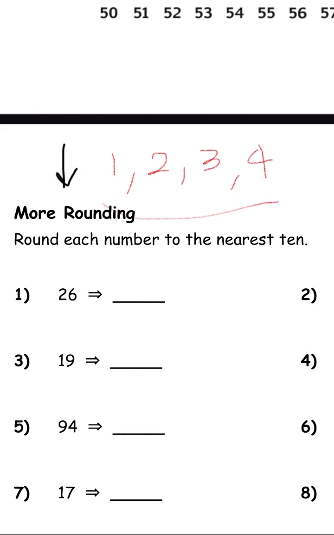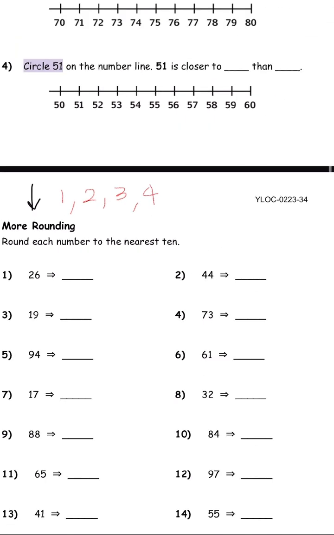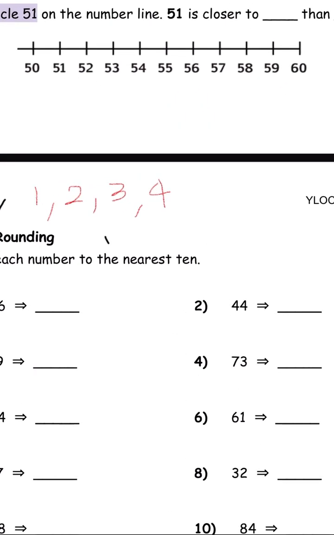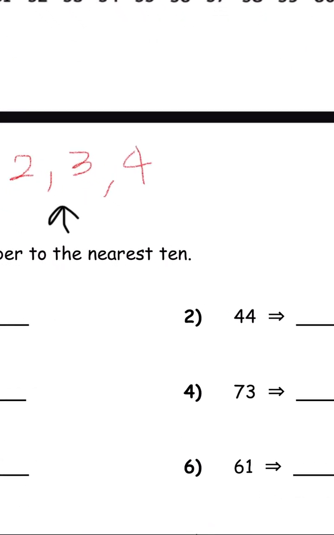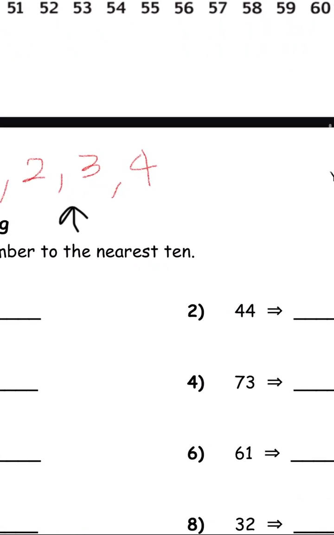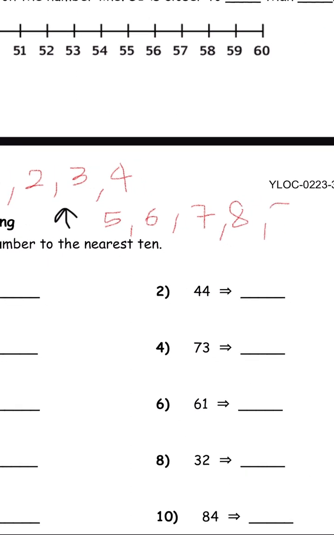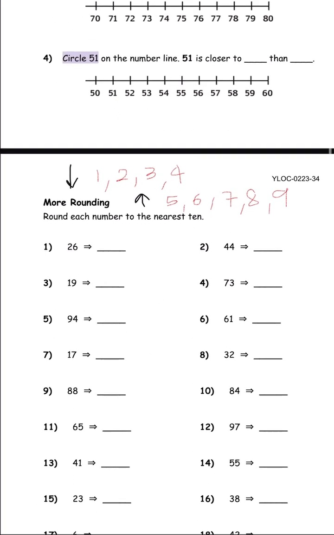So if the ones place is 1, 2, 3, or 4. And we're going to have to round up when the ones place ends with 5, 6, 7, 8, or 9. Okay, so we have to keep this in mind, and let's get started with number 1.